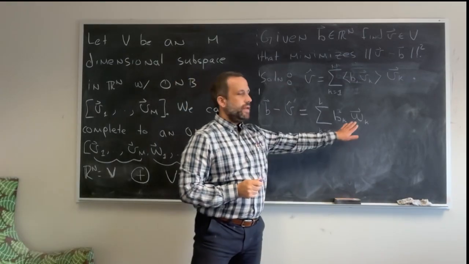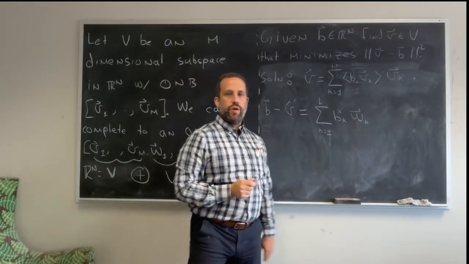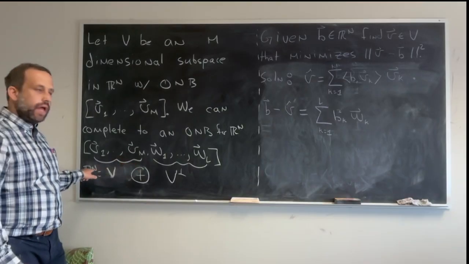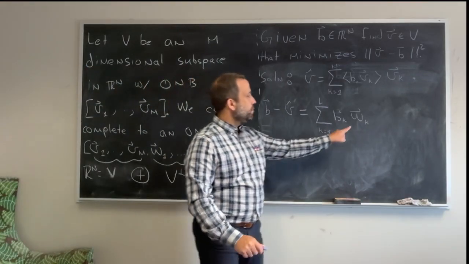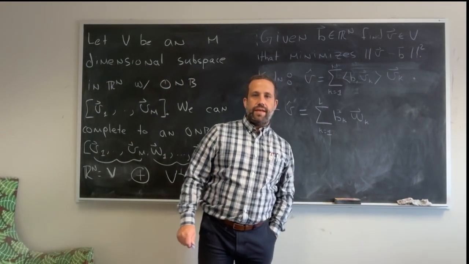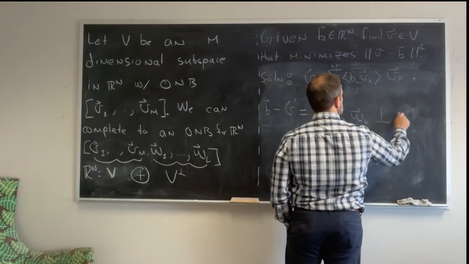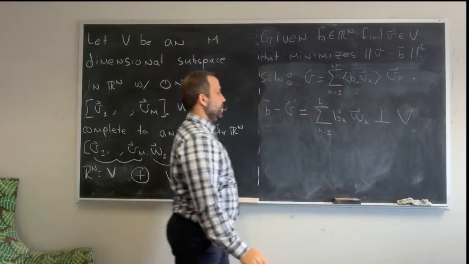But all of these vectors wk are orthogonal to all of the v vectors. In other words, each one of these wk vectors is orthogonal to the space V, and so this vector is orthogonal to V.